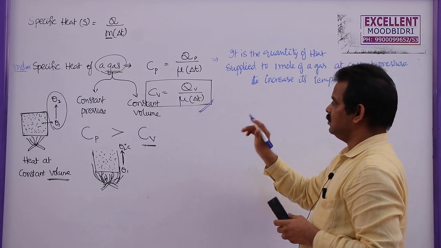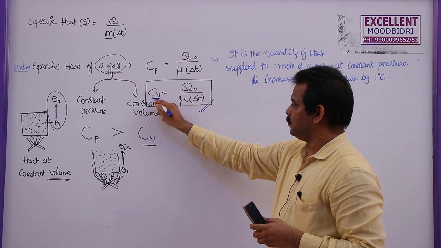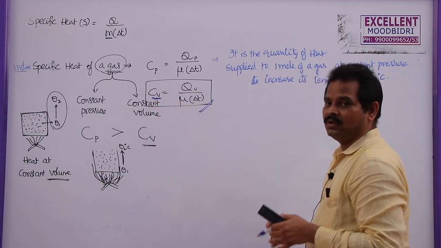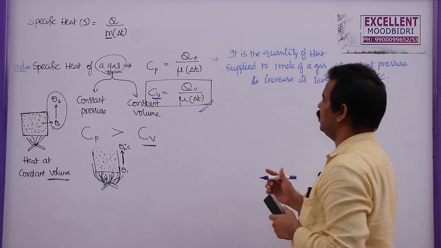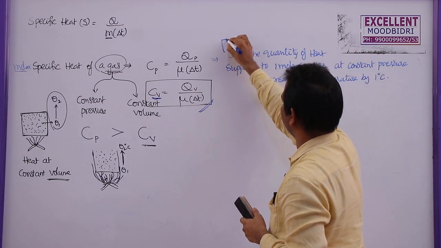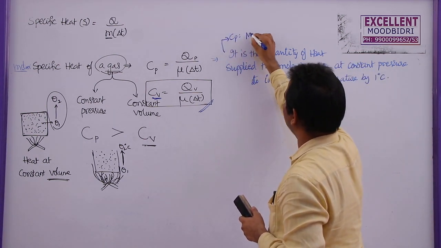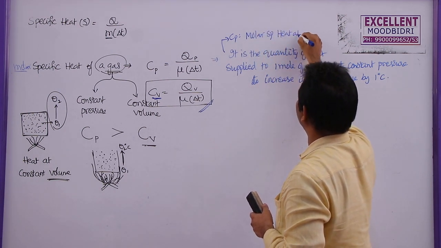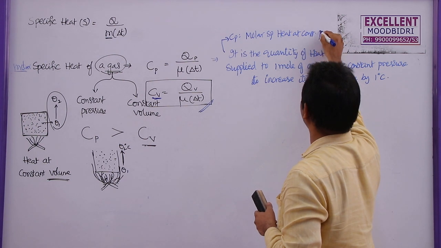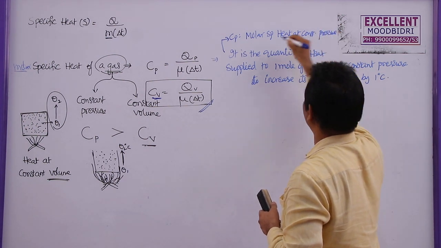So what is this Cv? This is the molar specific heat of a gas at constant volume. So how to define the molar specific heat of a gas at constant volume? So this is Cp, molar specific heat at constant pressure.